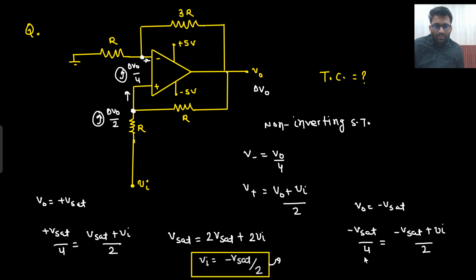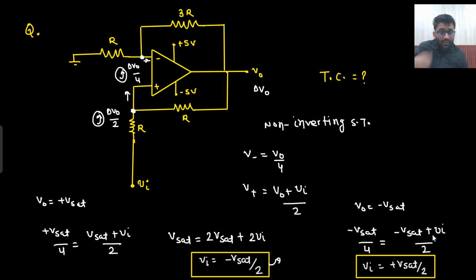So 2 V set by 2. So V in equals what we are getting? Plus V set by 2. So here, if I put plus V set by 2, we are getting the same thing. So this is your LTP, this is your UTP.